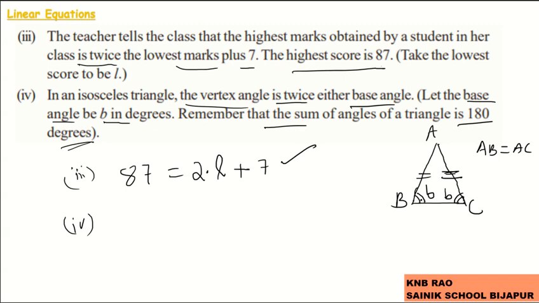Here, if this is B, then this must be B, and we know the sum of all 3 angles in a triangle is 180 degrees, whereas already we know two angles which are base angles here, and they said the vertex angle is twice.